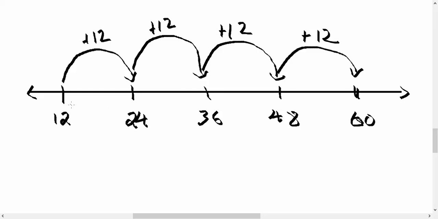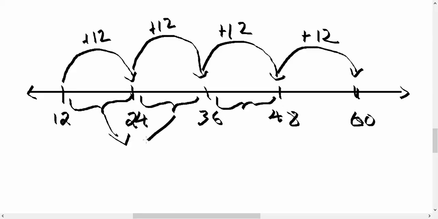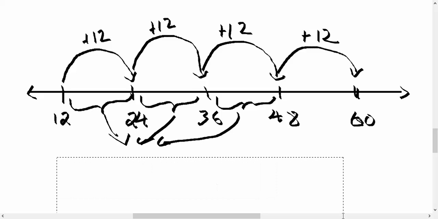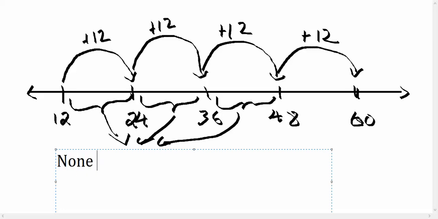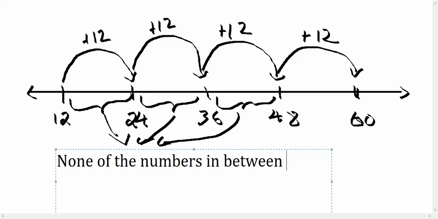Well, each time when we're between multiples, like here, or here, in each of these cases, all of the numbers in between, we have to remember, none of the numbers in between are multiples of 12.